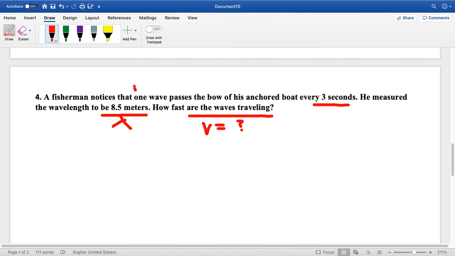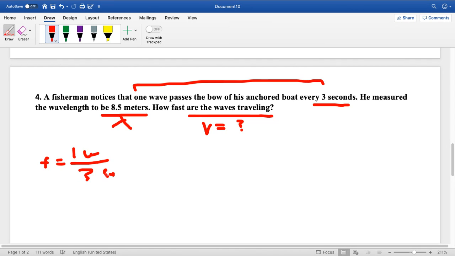This top information tells us that we have one wave every 3 seconds. If you remember, frequency is waves per second. So in other words, my frequency equals one wave every 3 seconds.